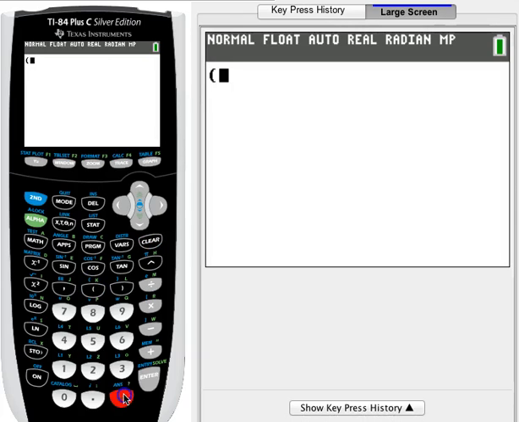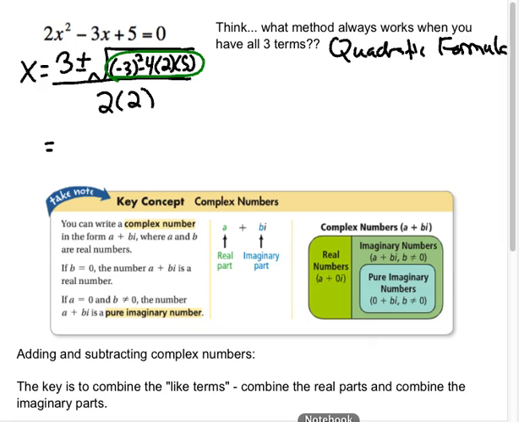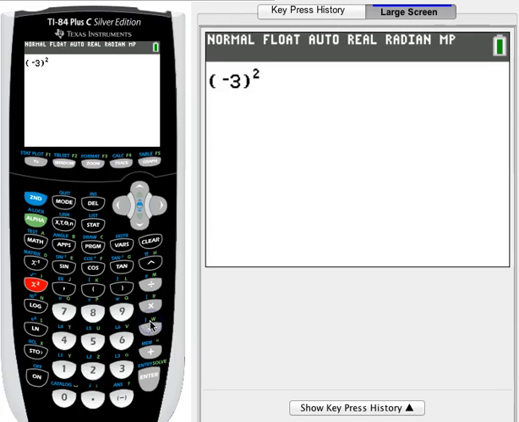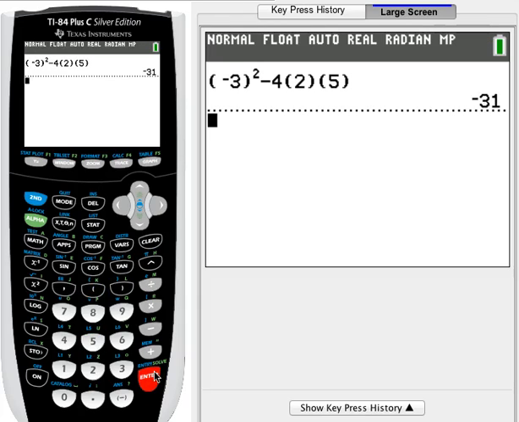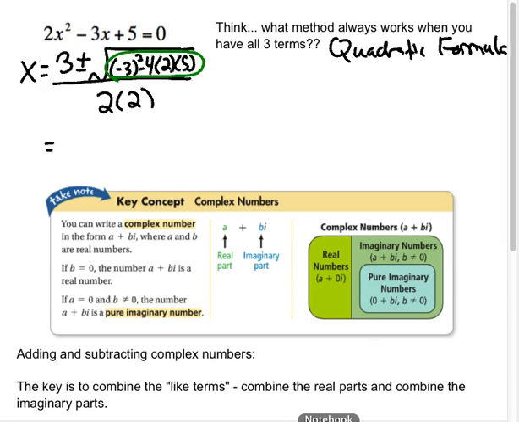So negative 3 squared, making sure, yes, I do want the negative there, minus 4 times a times c, and we get negative 31 in there. So we have 3 plus or minus square root, and I just calculated that to be negative 31, over 4.